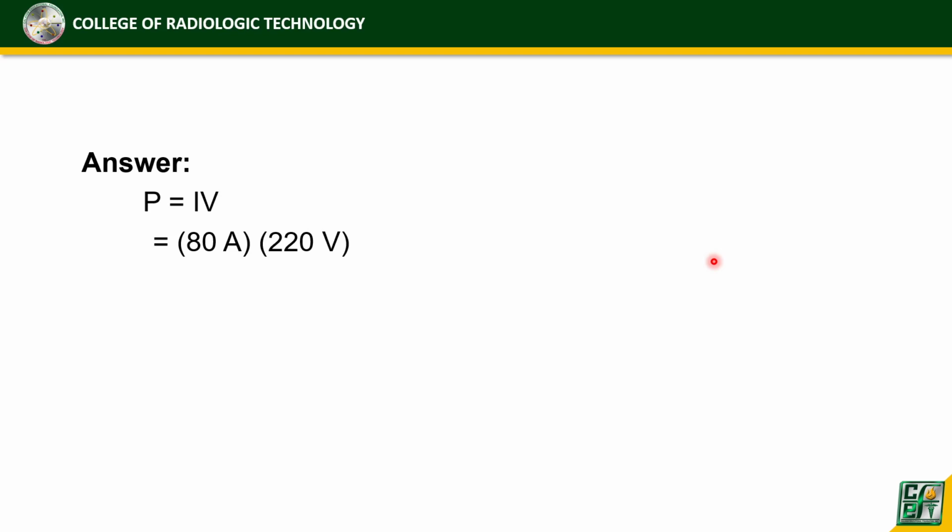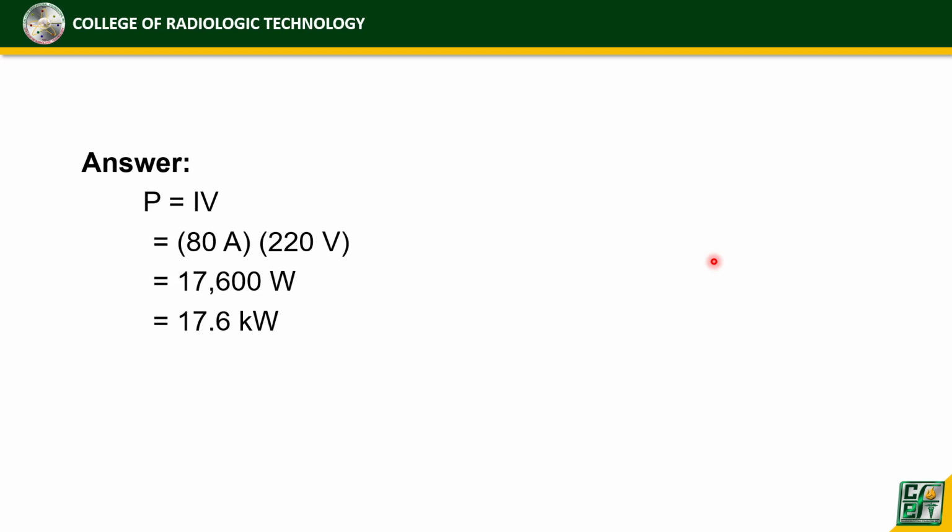Okay, so the formula is P equals IV. Our current is 80 amperes. Our voltage is 220. So, the answer is 17,600 watts or 17.6 kilowatts.